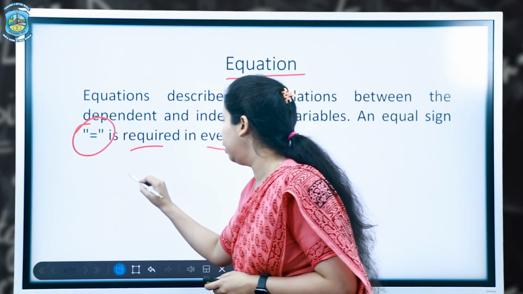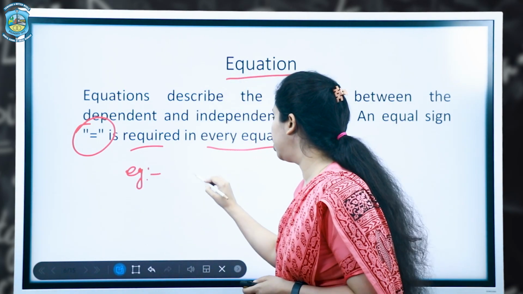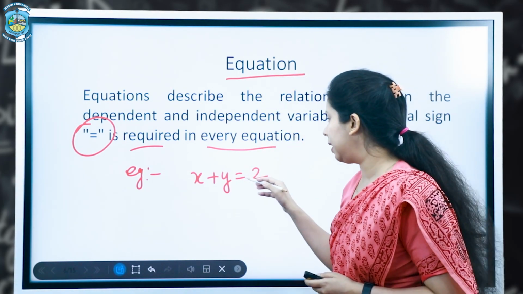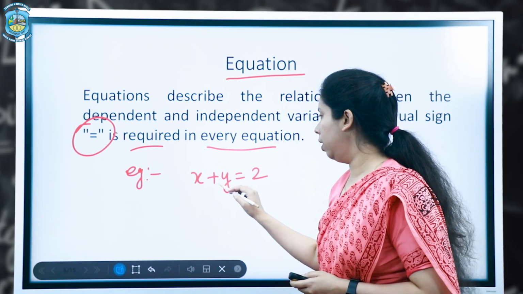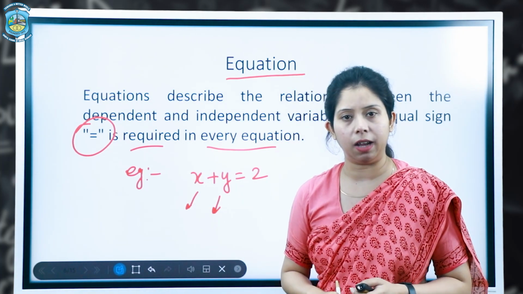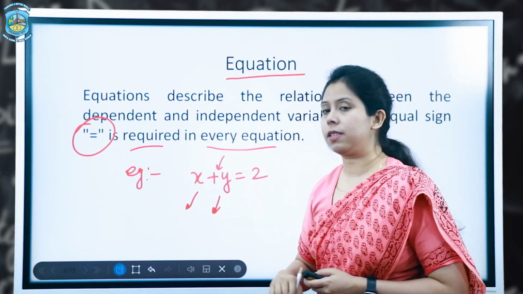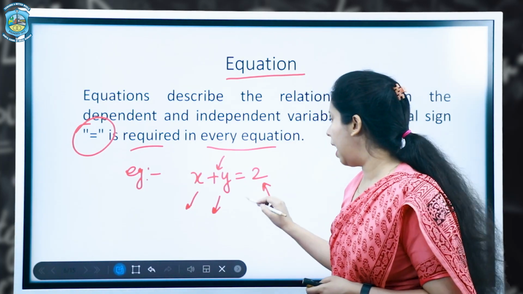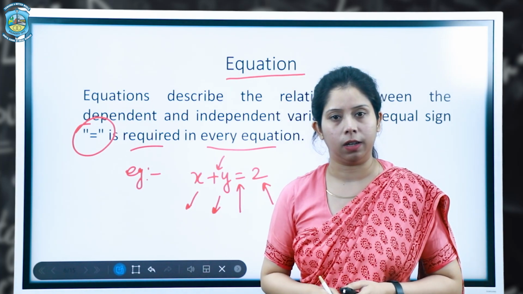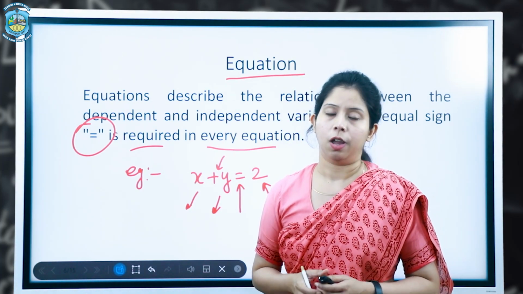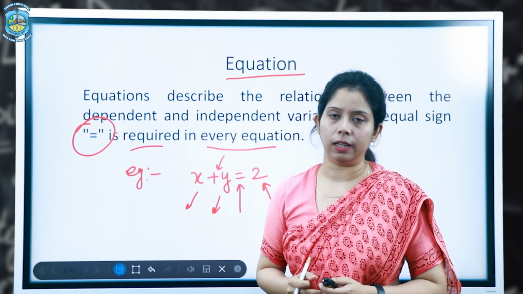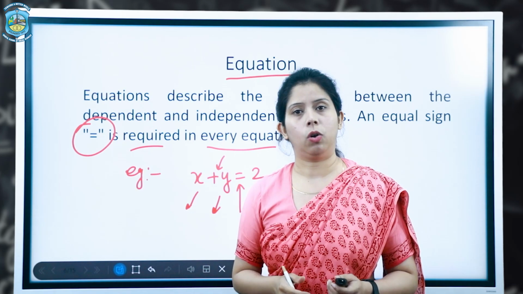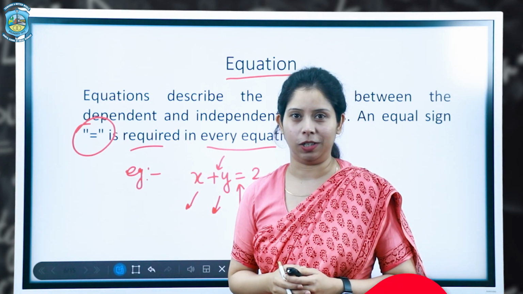For example, the expression x plus y is equal to 2 is an example of an equation. Here x and y are the variables, plus is the operator, 2 is a constant, and we have a sign of equality. So those mathematical expressions which have the sign of equality along with the variables, the constants and the operators are called equations.